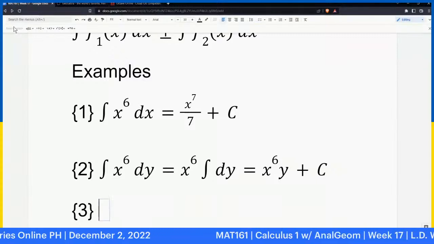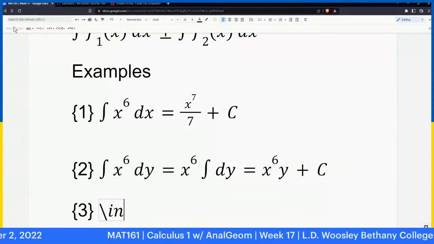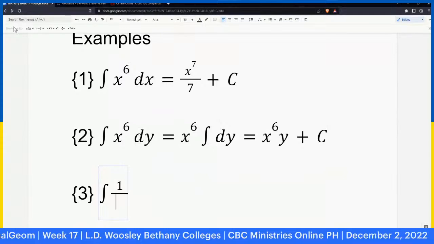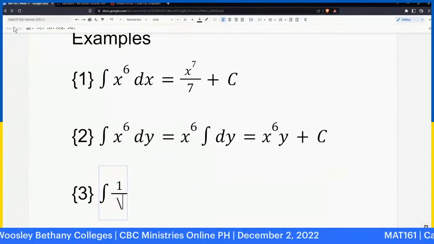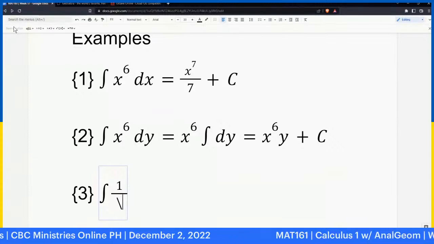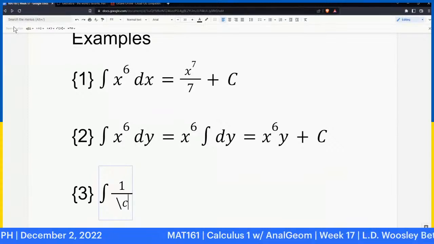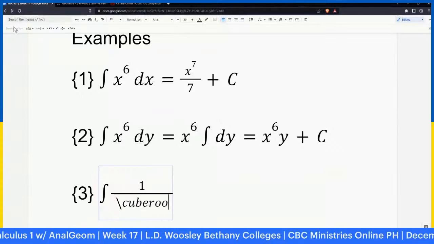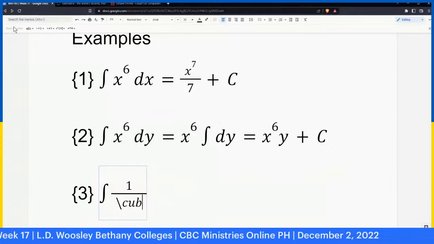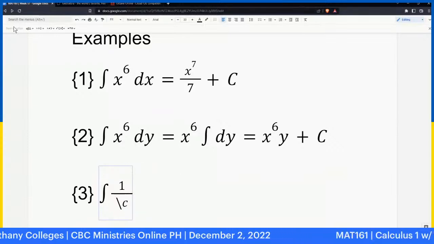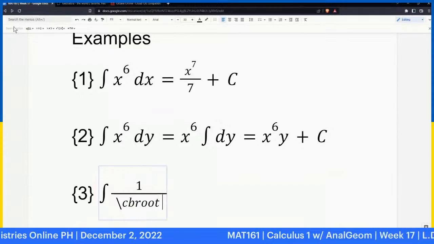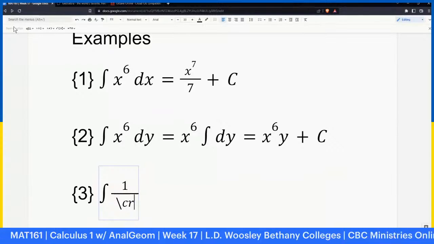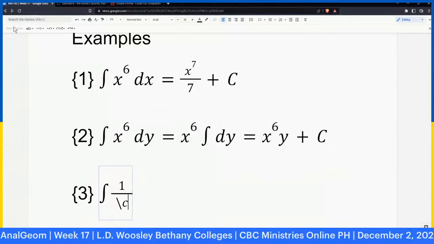Right, so we have cube root. Ayaw lumabas.